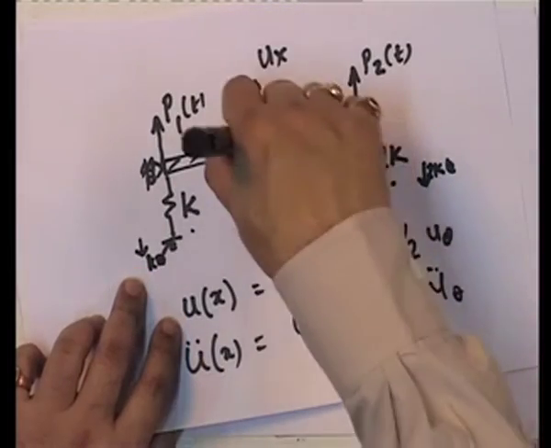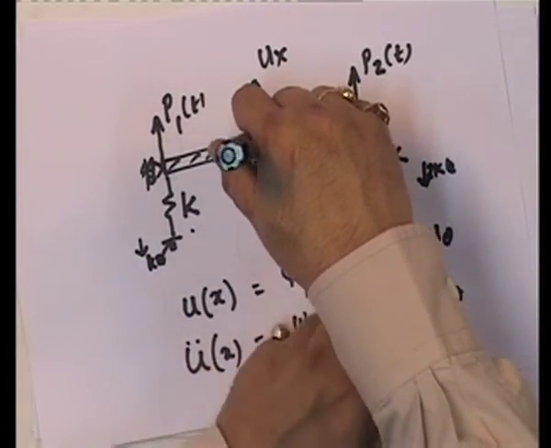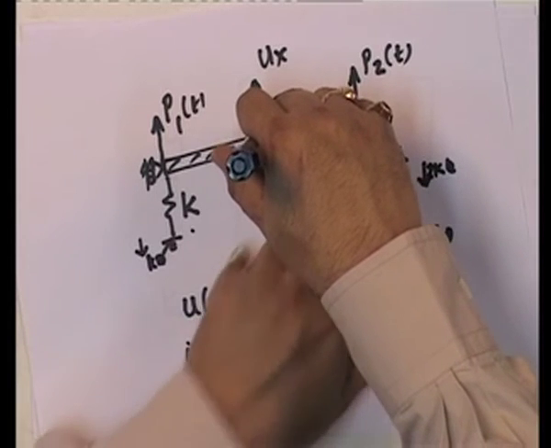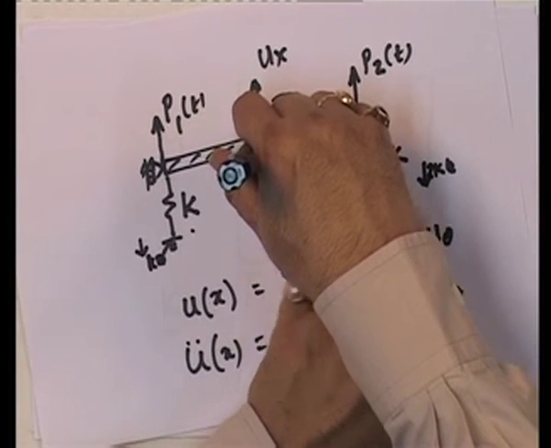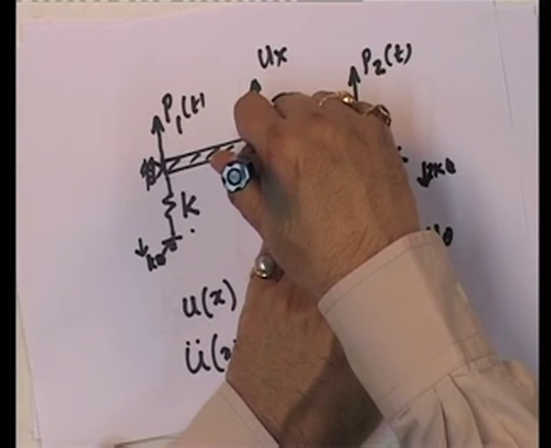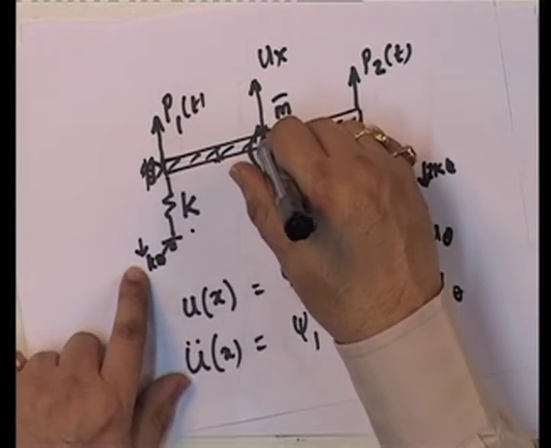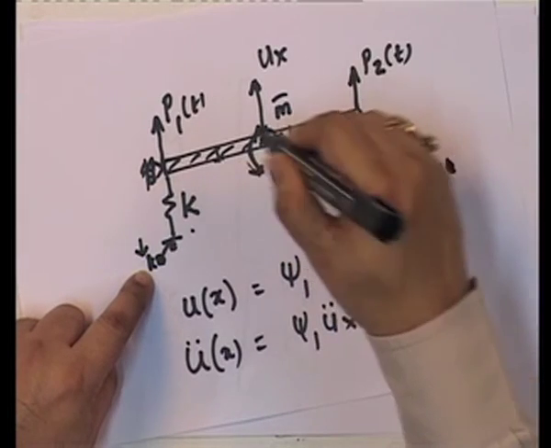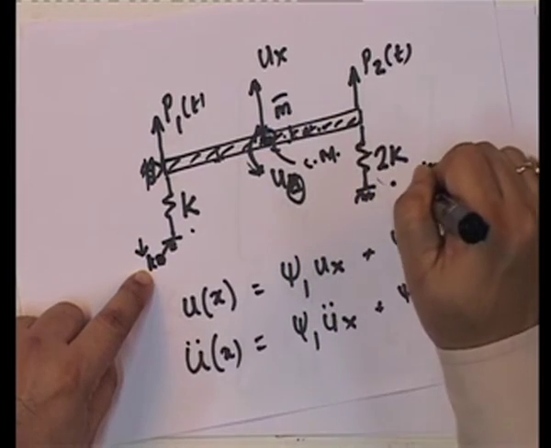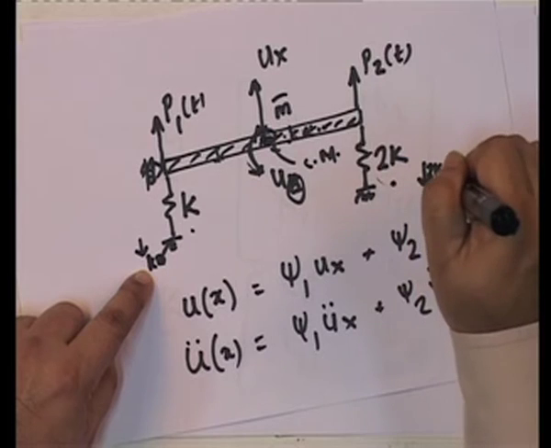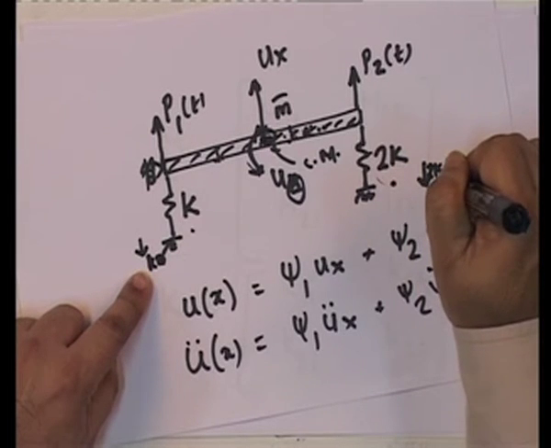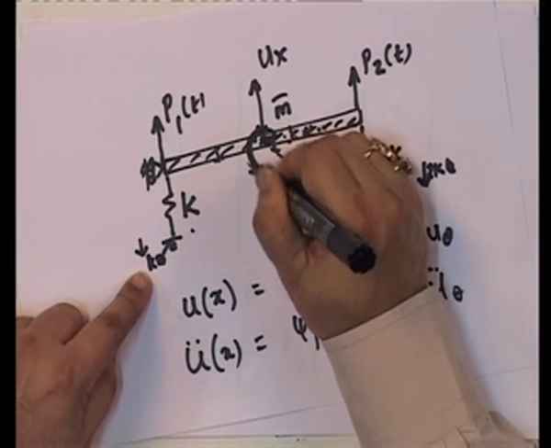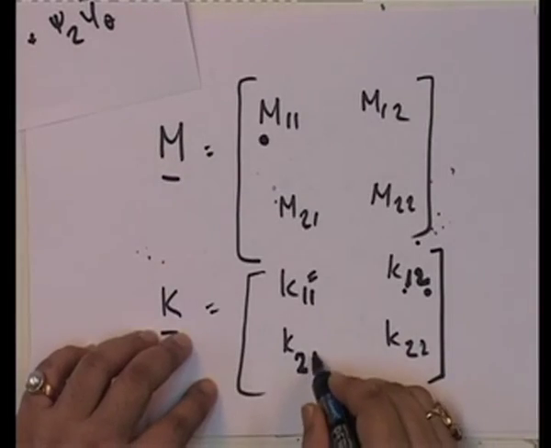Let us take moments about this point. What do I get? I get this way anticlockwise 2k into L by 2, that is kL, and here this is counterclockwise kL by 2. So, the net clockwise moment applied is equal to kL by 2. So, the equivalent load over here is equal to kL by 2.